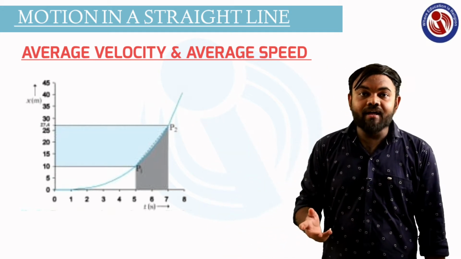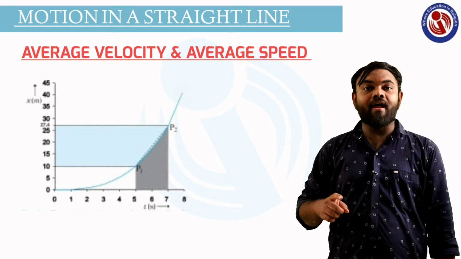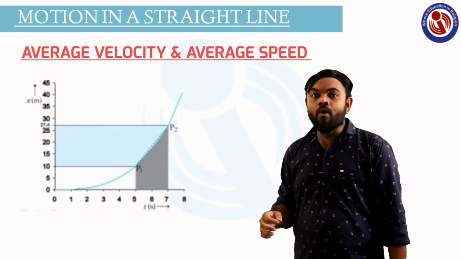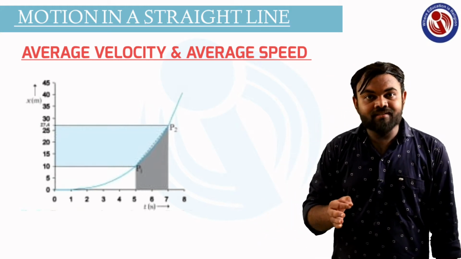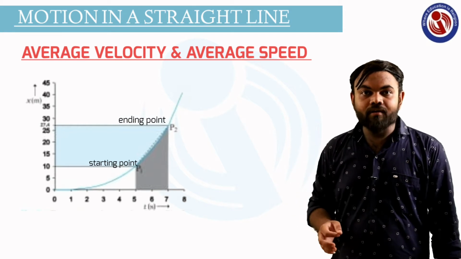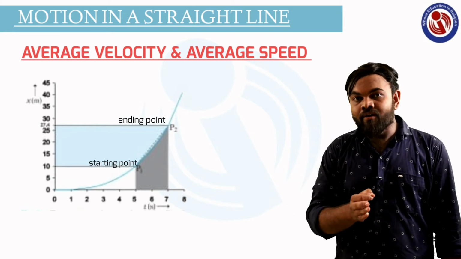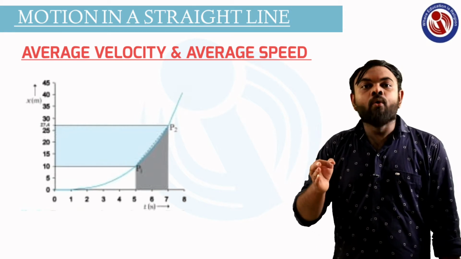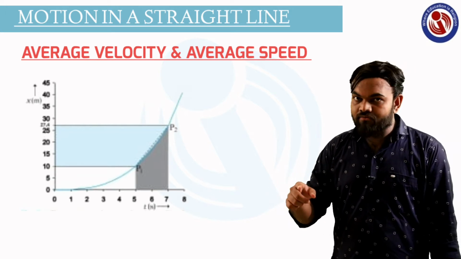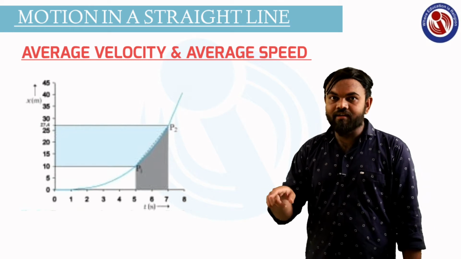What is the average velocity between p1 and p2? p1 is the starting point and p2 is the ending point. That's why average velocity is equal to displacement upon time, x2 minus x1 upon t2 minus t1.